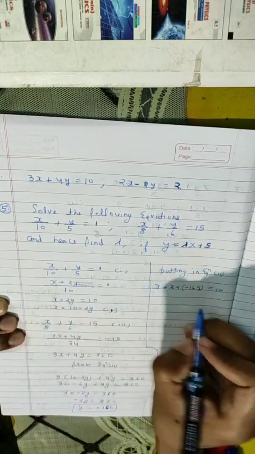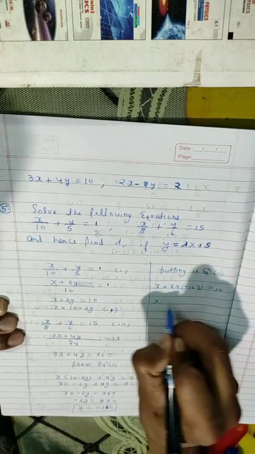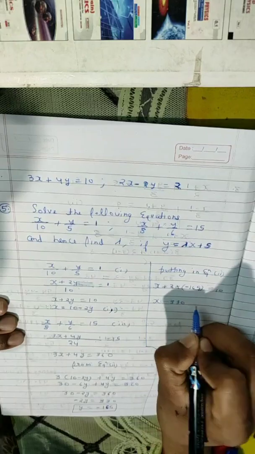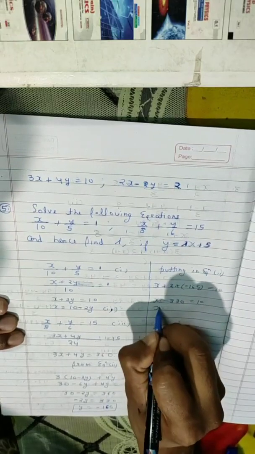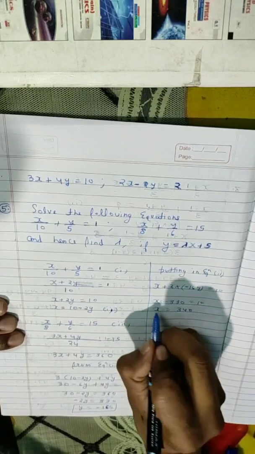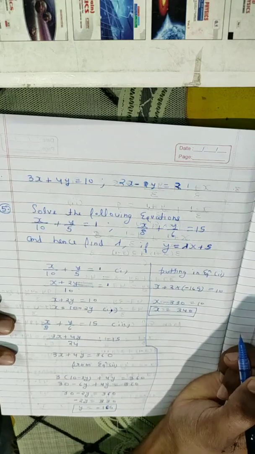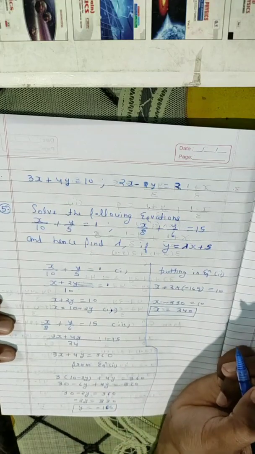I just put it here. So it is x minus 330 is equals to 10. So the value of x is 330 plus 10, that is 340. So the value of x is 340 and the value of y is minus 165.